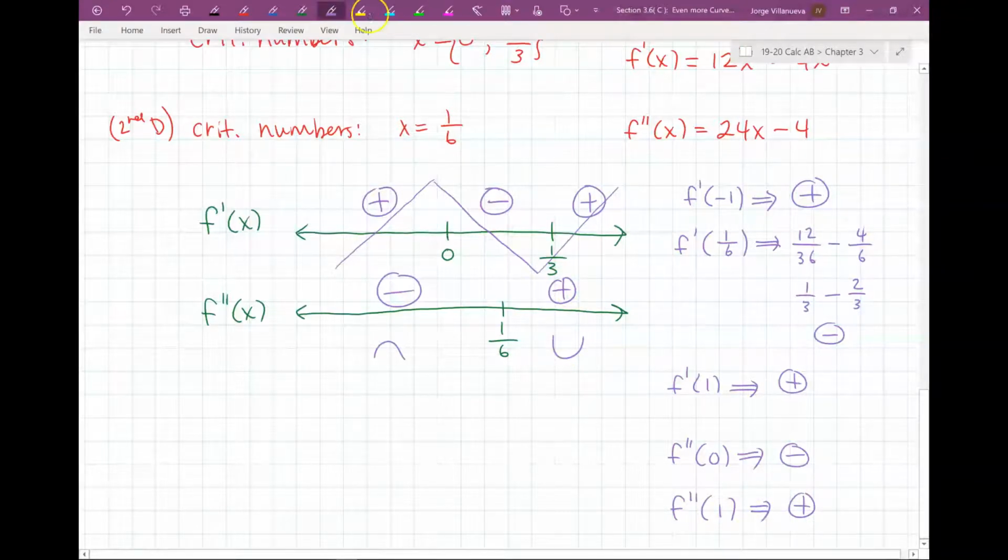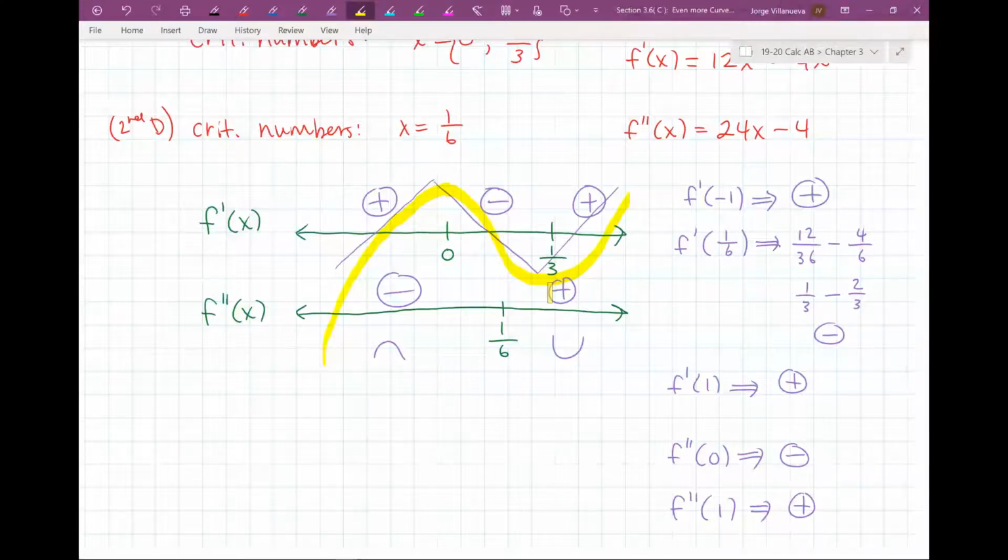So I kind of know that my graph is going to look like this. It's going to go up to 0, going up, concave down. And then it's going to go concave down still until it gets to 1/6. And then at 1/6, it's going to change concavity and still keep going down up to 1/3. And then it's going to start going up at that point. That's what I kind of see right now.